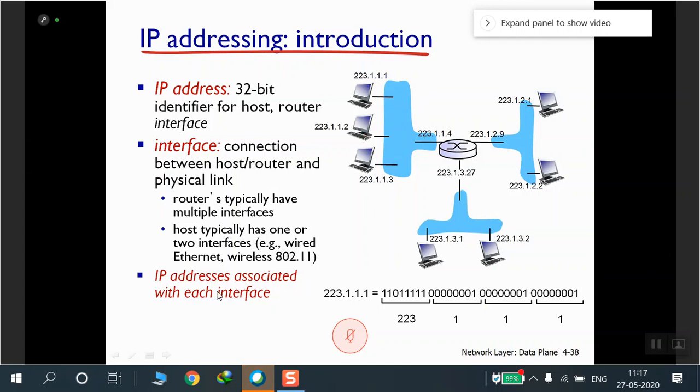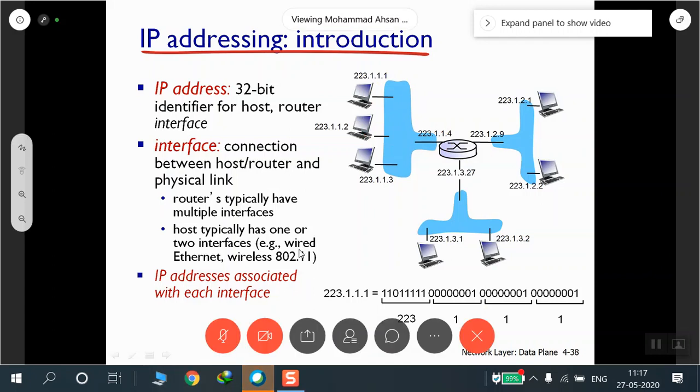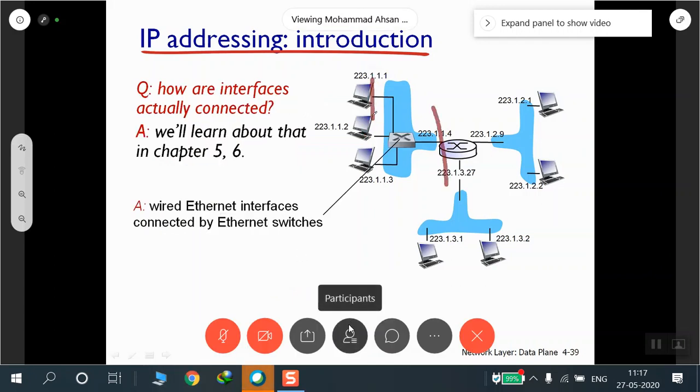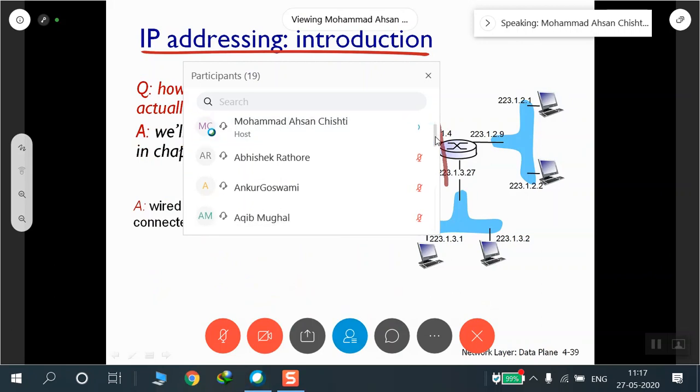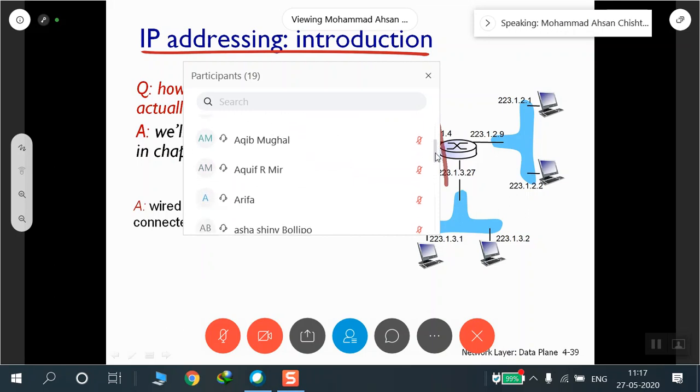This is an interface, this is an interface, this is an interface. This is the boundary between the host and the physical link that goes across.